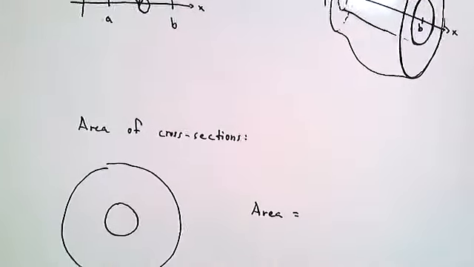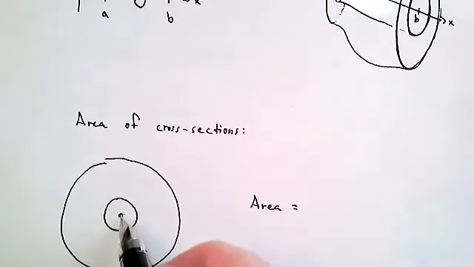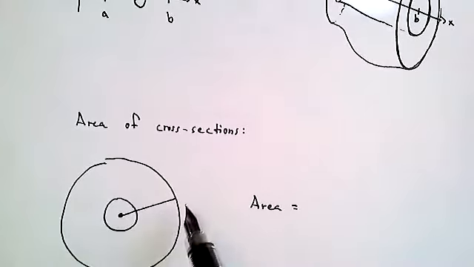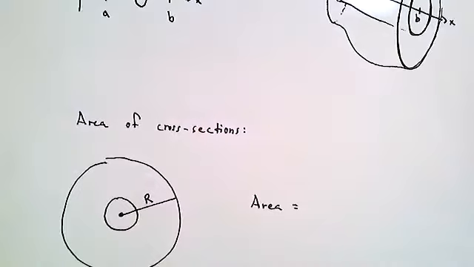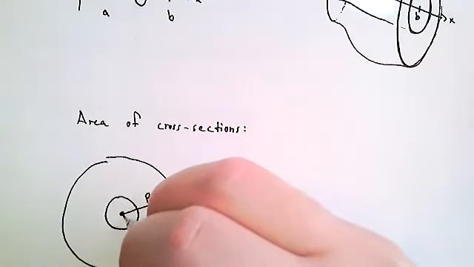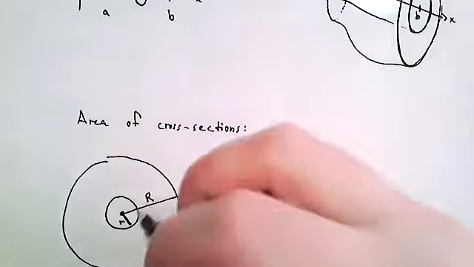And what I want to do is look at this shape, and we can see that there's actually two circles here. So there's a bigger circle, and I'm going to label that bigger radius with a capital R. And then there's a smaller circle, this one, label that radius with a smaller r.